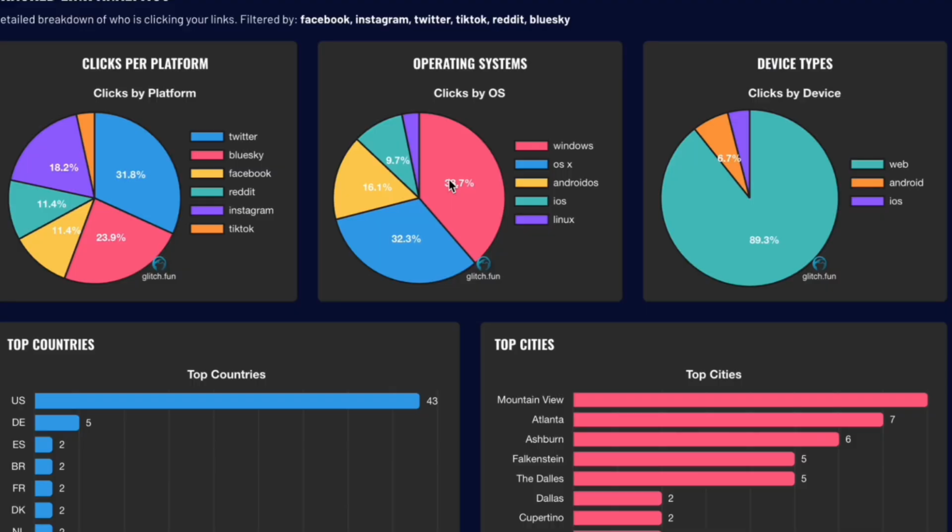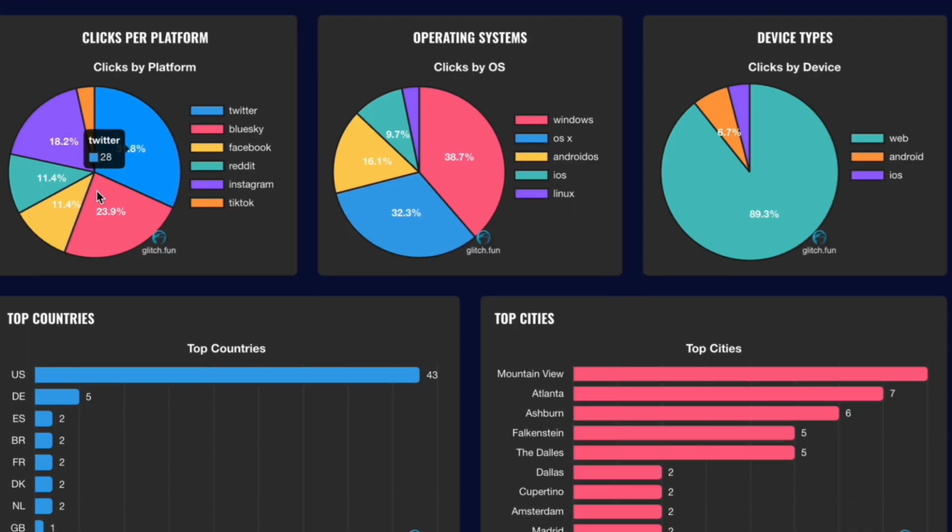So here in the tracking link section, Twitter seemed to drive the most click throughs, followed by Blue Sky, and then Instagram. So those were the big three. Reddit had a significant impact, and TikTok had basically nothing at this point.